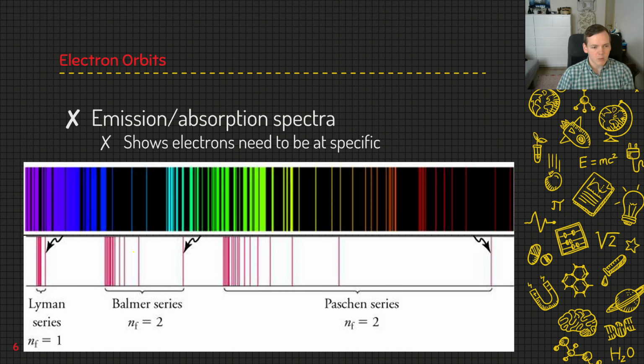And if we track where all that light is, we might see something like the following. You only see specific colors come off of it. And if we simplify that into a diagram below here, we have the actual lines of the wavelengths of light that come off of an atom. So all this is to say there are very specific wavelengths of light that come off of an atom when we excite the electrons.